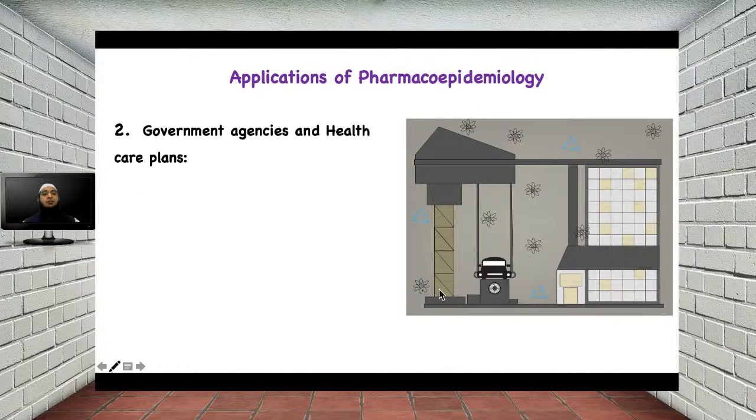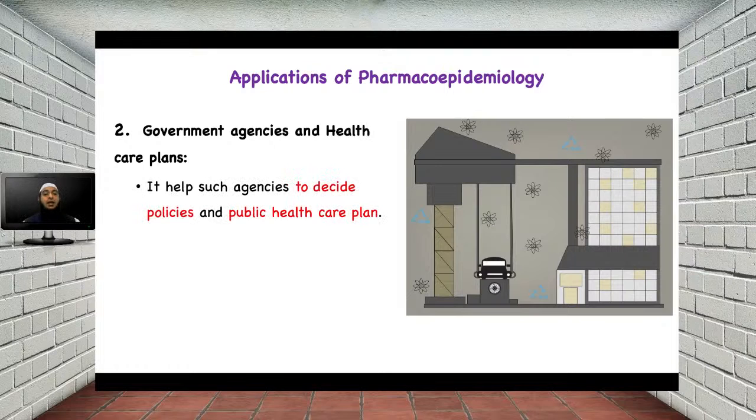Secondly, it also helps government agencies and healthcare bodies to plan and take certain decisions. For example, it helps government agencies decide on policies and public healthcare plans. Now let's look at the example of COVID-19 vaccination.